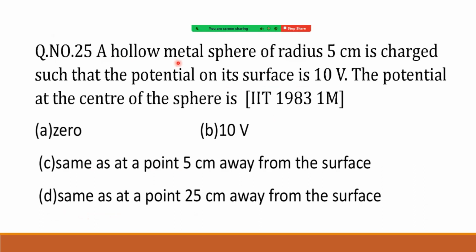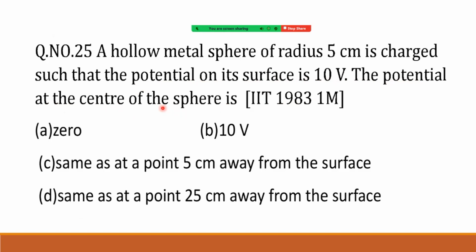A hollow metal sphere of radius 5 centimeter is charged such that the potential on its surface is 10 volt. The potential at the center of the sphere is. And this is also a direct problem.